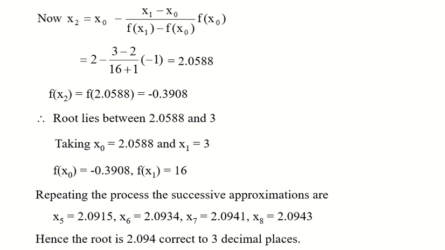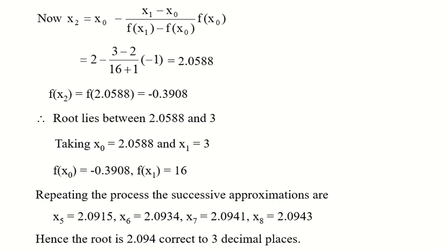So the root lies between, previously the root was between 2 and 3, but f(2) was negative. So now instead of 2 you are using 2.0588, that is 2.0588 and 3. So now you can take x0 as 2.0588 and x1 as 3. Calculate f(x0) and f(x1).